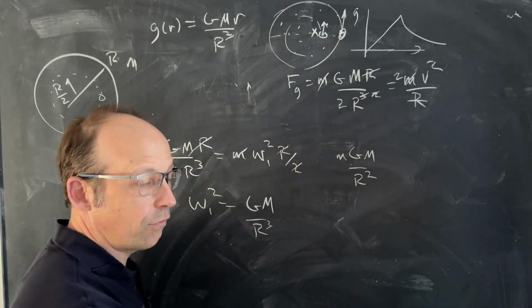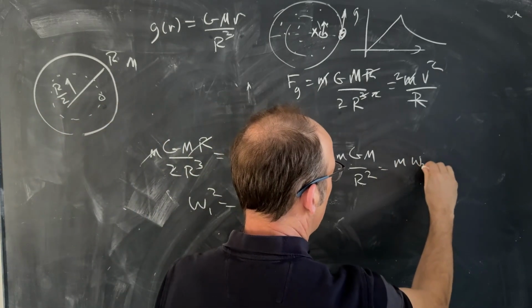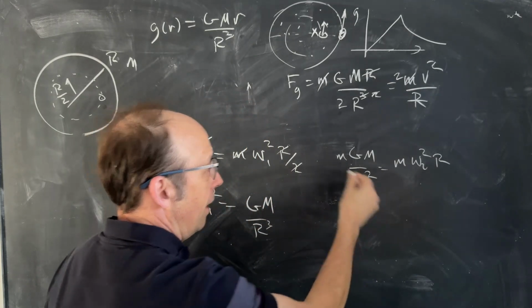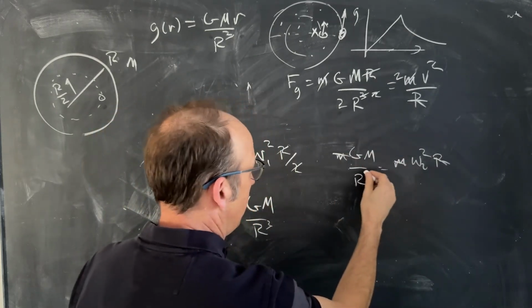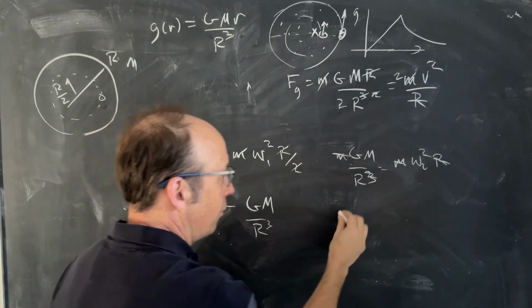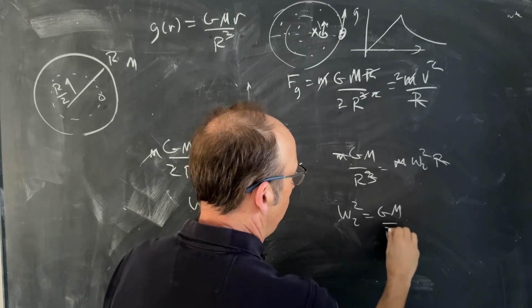That's the gravitational force outside the Earth. And that's m omega 2 squared r. But again, mass cancels. That becomes cubed. Those 2's aren't there, but they canceled over here. So omega 2 is the same thing, GM over r cubed.